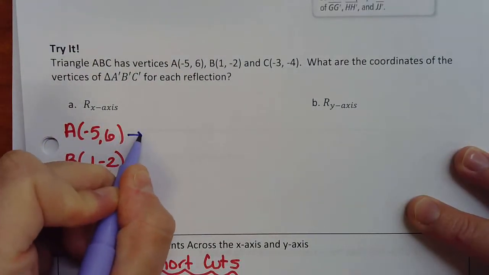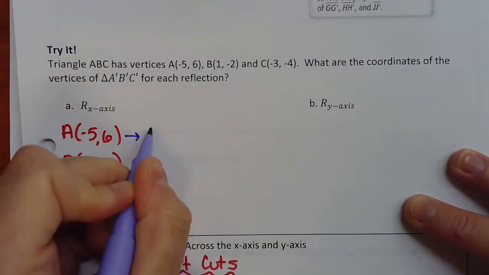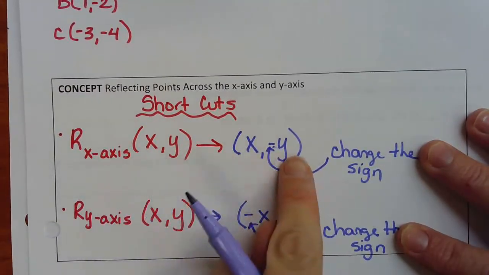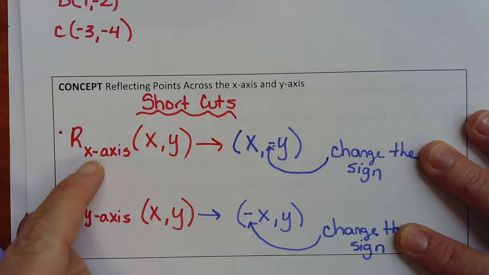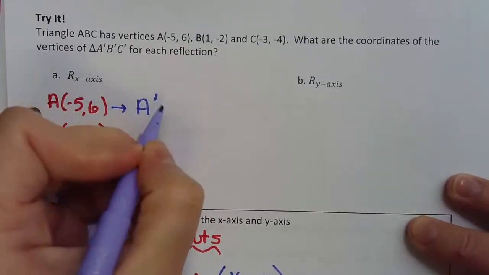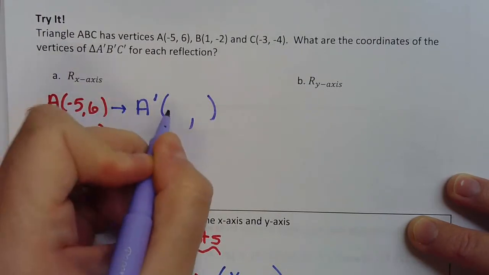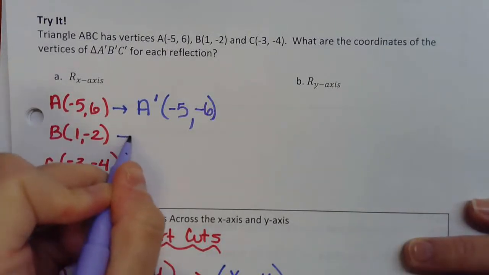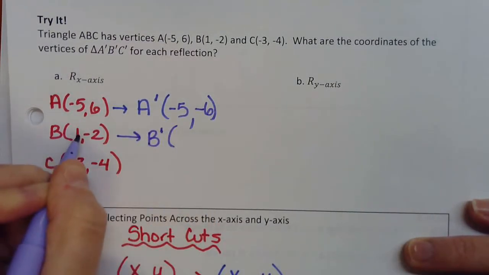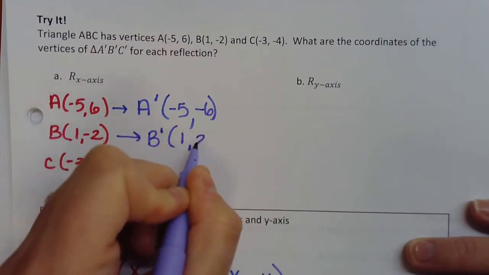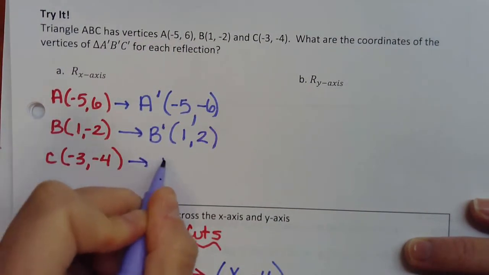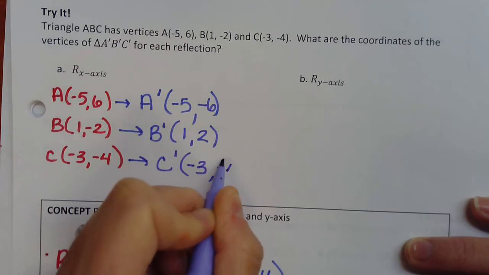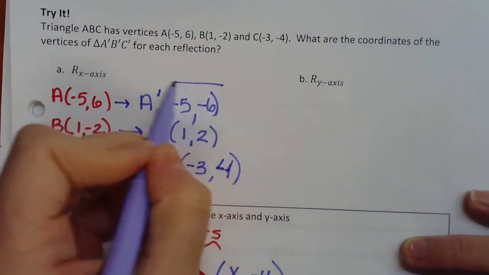So -5, 6: when you reflect, you no longer have A, you have what's called A prime. The only thing that changes is the y value when you reflect over the x-axis. So when I write my new coordinate, the x value stays the same and the y value changes signs. That's it. Then B prime, the x value stays the same, the y value changes signs. And then C prime, the x value stays the same, the y value changes signs.